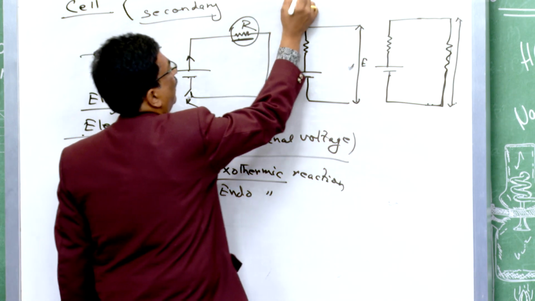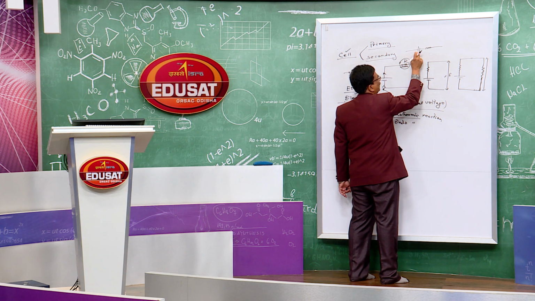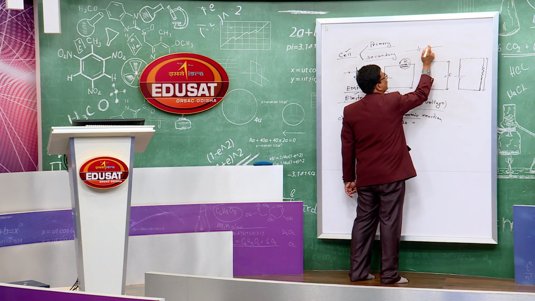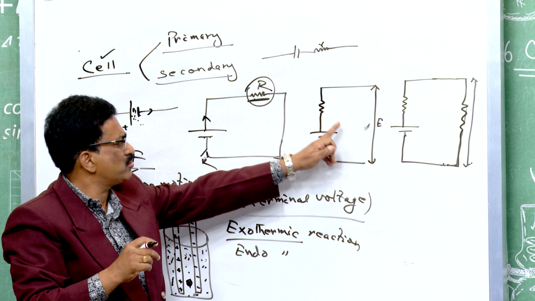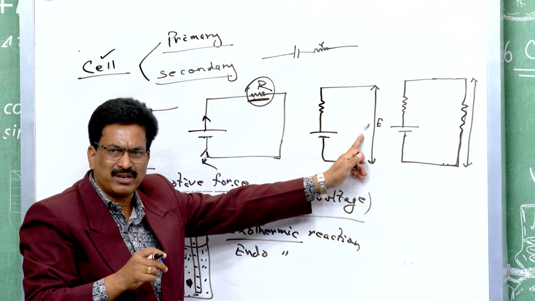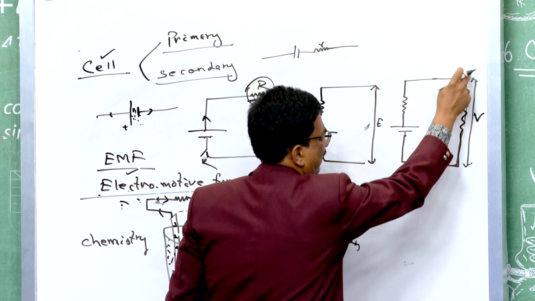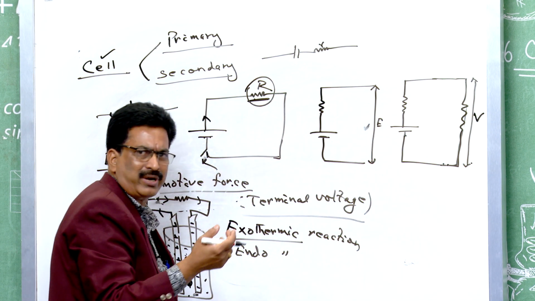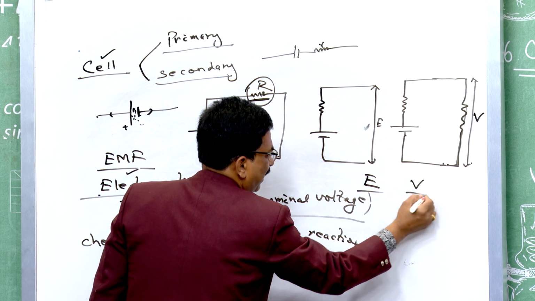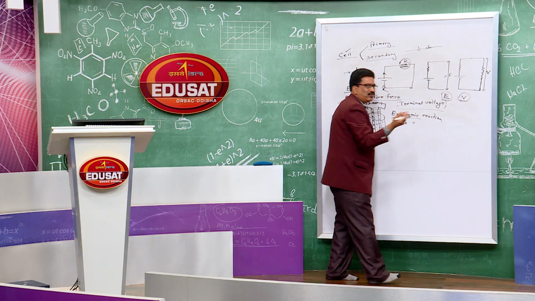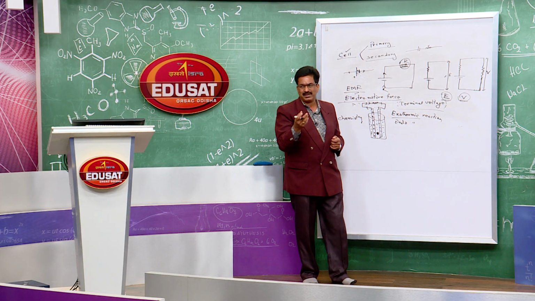A cell is represented like this, or with a resistance. This resistance is the internal resistance present inside the cell. This figure indicates the EMF, and this one produces the potential difference across the two ends. EMF is E, potential difference is V. Out of these two, which one will be more? Think over that, then we will discuss what will happen.